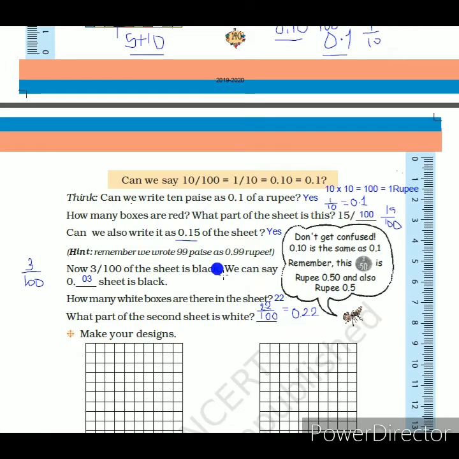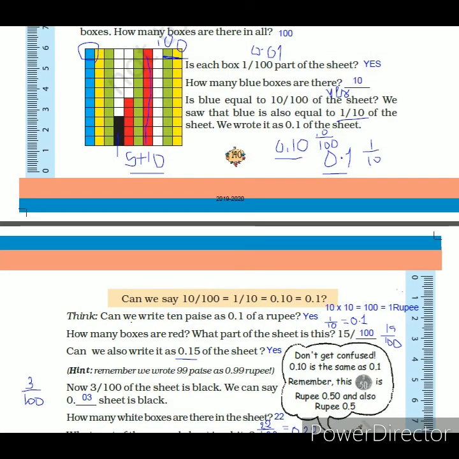Now move to the next question. How many white boxes are there in the sheet? Students, start to count. The first full 10 boxes are given white colors, and after that how many boxes are given? The 5 remaining red boxes, the remaining 5 boxes are given white colors, and after that 7.